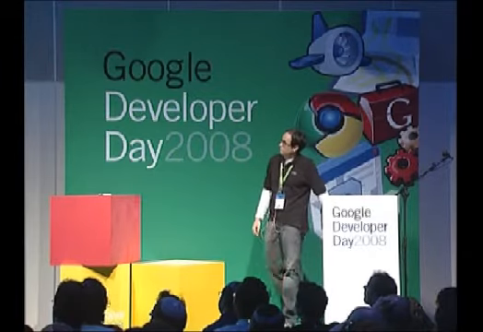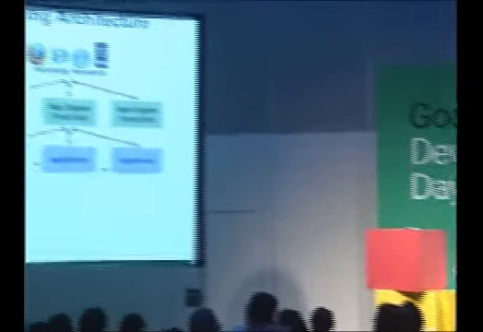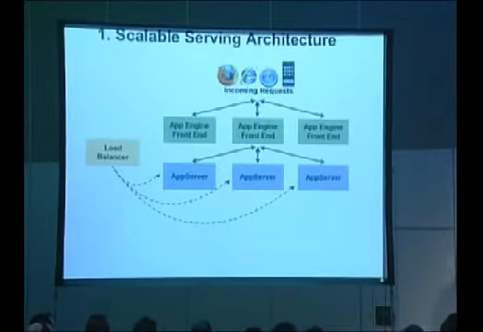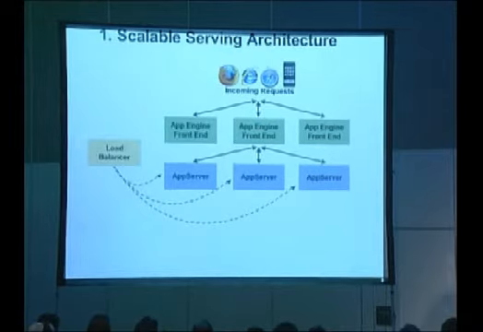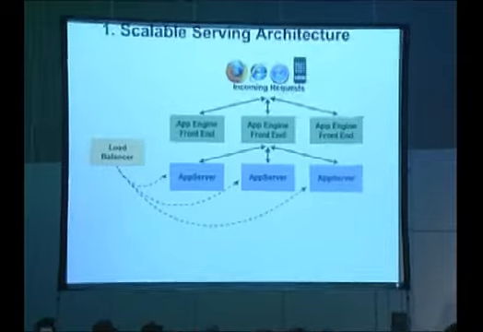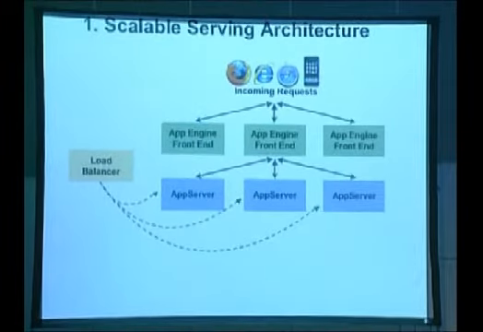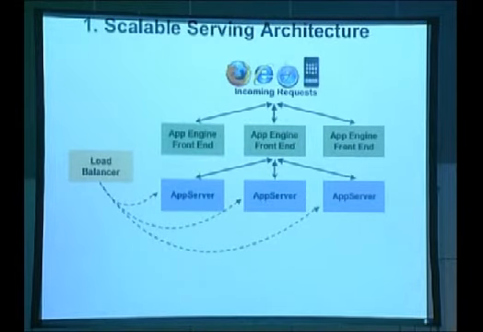Here's a simple architecture diagram. So we have incoming requests, and these are coming from a number of browsers or from client applications. This was a surprise to me, that I initially thought that Google App Engine would be primarily used as a browser application system. But it turns out that there are a lot of ways in which you can make use of it otherwise.